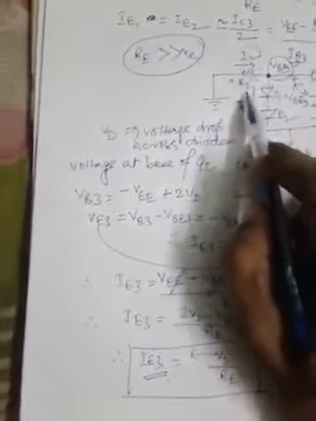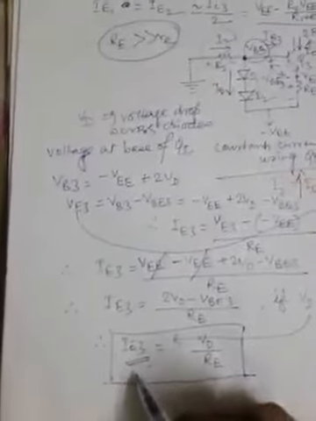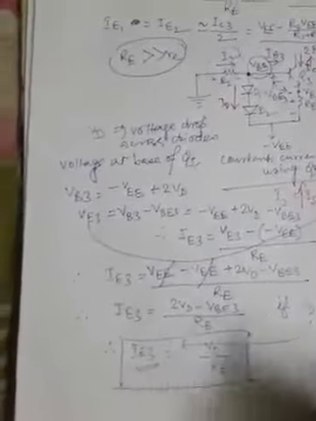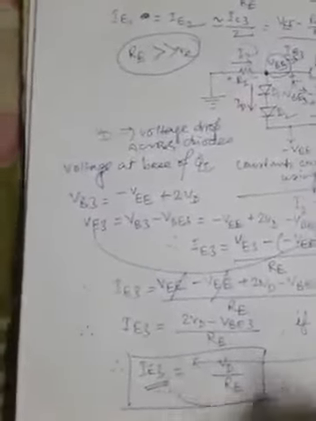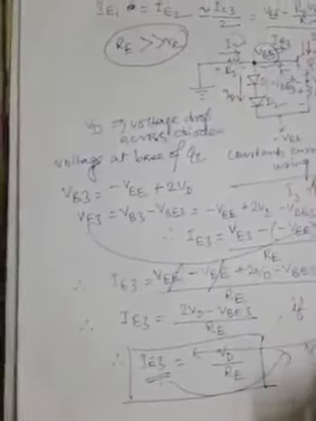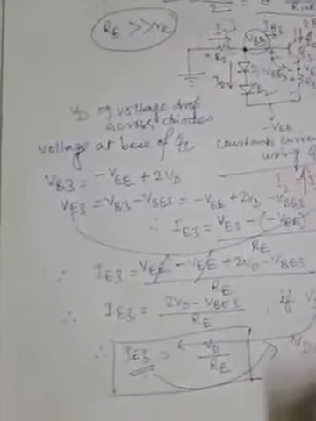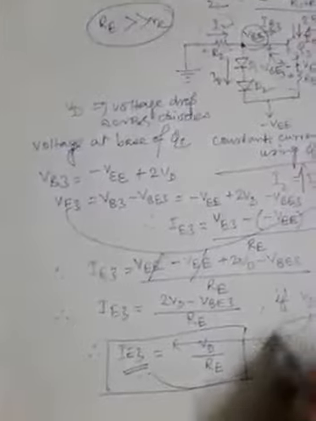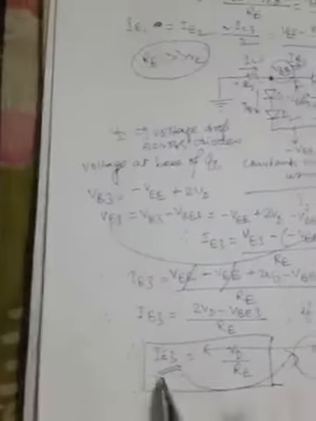And if it is dependent on I2, and I2 is flowing through R2, the value of I2 will be dependent on R2. So whatever value we calculate for IE3, the dependence will always be on VD, RE and R2 values. On these three values, the DC emitter current IE3 will depend for transistor Q3.